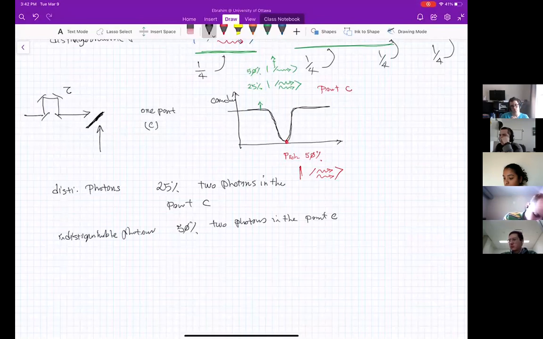Huh, interesting. So now the probability of having 2 photons for the case that the 2 photons are indistinguishable has been increased from 25% to 50%. Can anyone propose an experiment to check this?